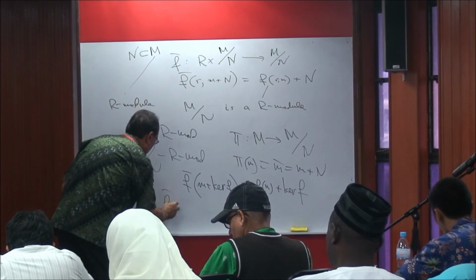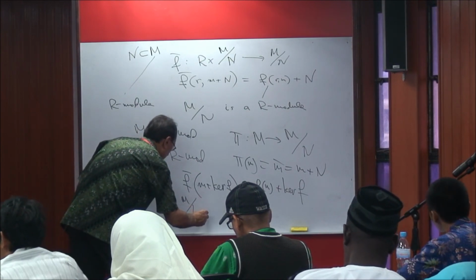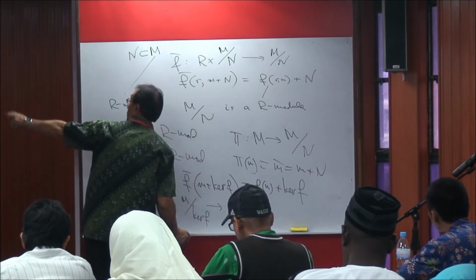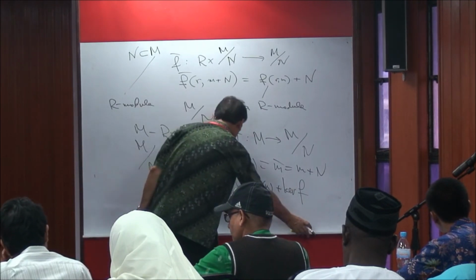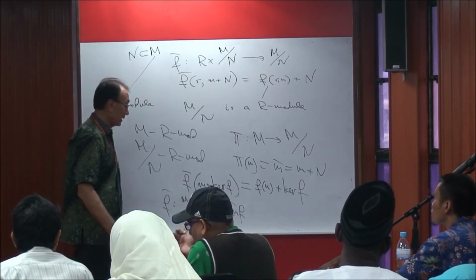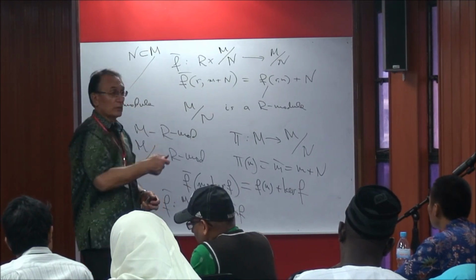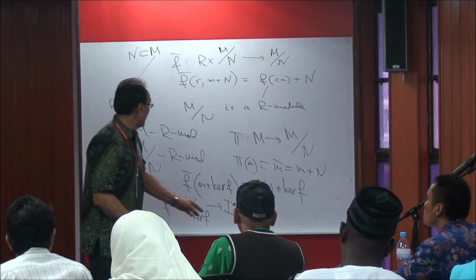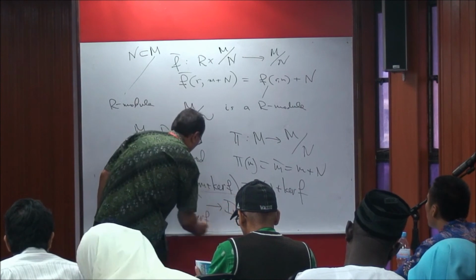This isomorphism is given by this function. By image, if your homomorphism is onto, then you will get that this quotient module is isomorphic to N. Otherwise, just the image.